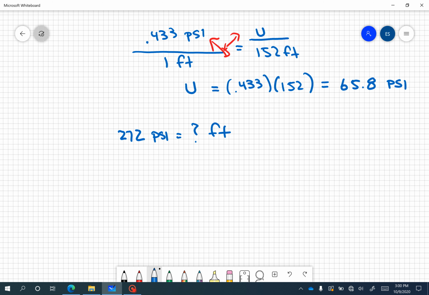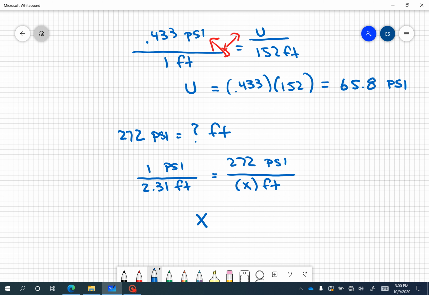Again, we can set the problem up the same way. 1 PSI is equivalent to 2.31 feet. 272 PSI is equivalent to, we'll call our unknown this time, x feet. And again, same thing, let's cross multiply.